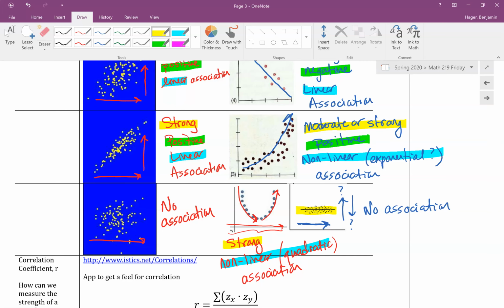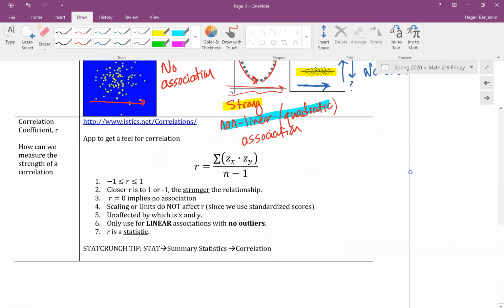Okay, so the last little bit on here is that daunting looking formula, but don't fear, we're not going to calculate these by hand. They're just showing us the formula. We would do this all on a computer program or StatCrunch or something.